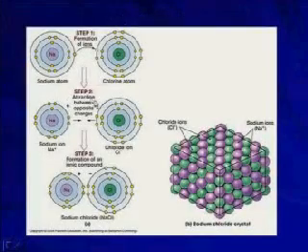In step 2, you see the attraction between the opposite charges, the positive charge from the sodium ion and the negative charge from the chlorine ion. Then in the third step, we see the formation of the ionic compound, sodium chloride, commonly referred to as salt.